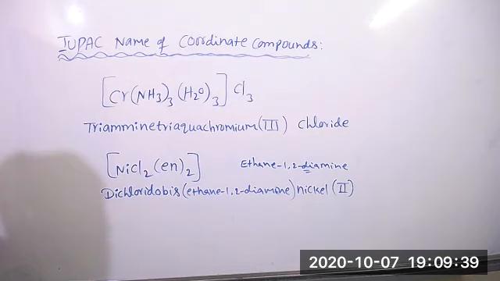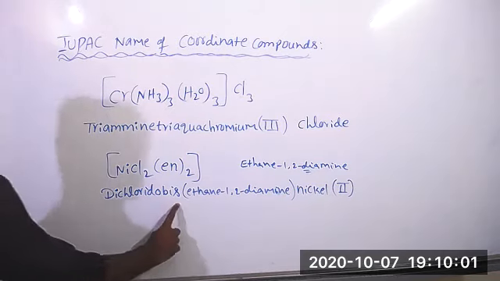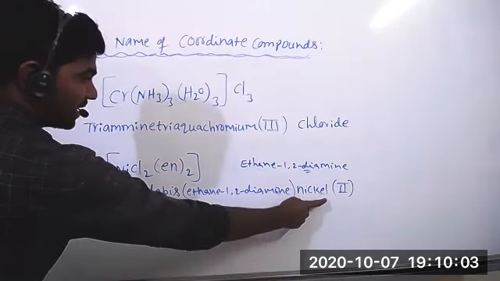Okay, next class I will give some examples. If by mistake we write something in capital, like writing nickel with a capital N, will it be wrong? They mostly won't mark it wrong. They will check what you are writing, chloro or chlorido, whether you are writing bis or not, and whether you are writing nickel or nickelate.